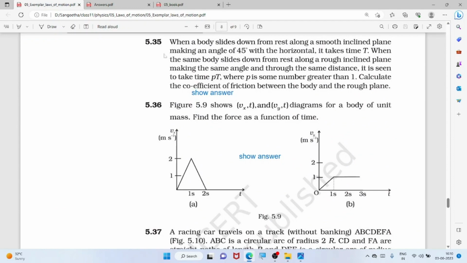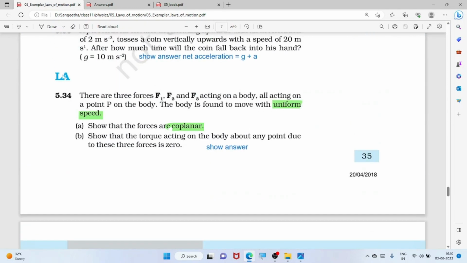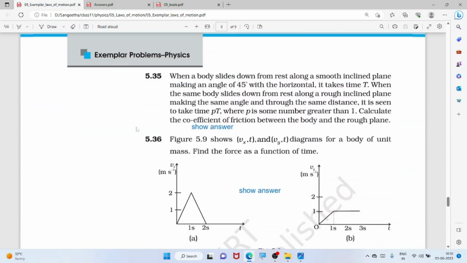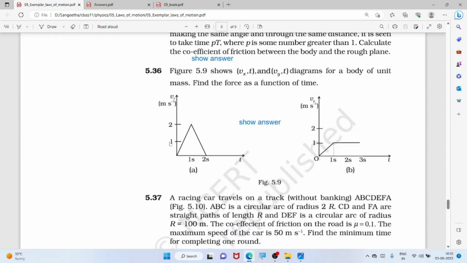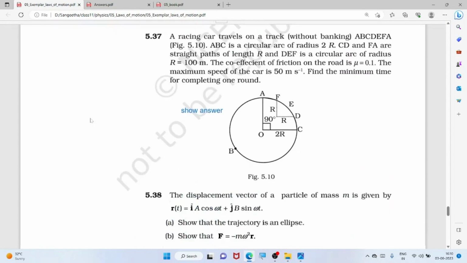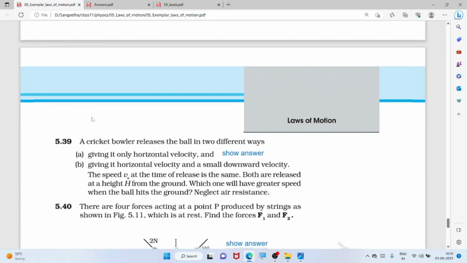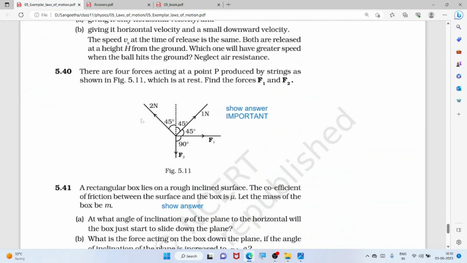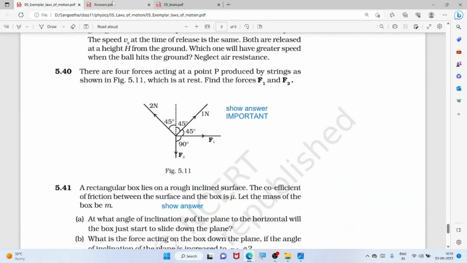So for the long answer type, all the answers are given in the exemplar answers, so you can go through it. Okay, so this is the important thing, 5.40, that also they have given the answers.